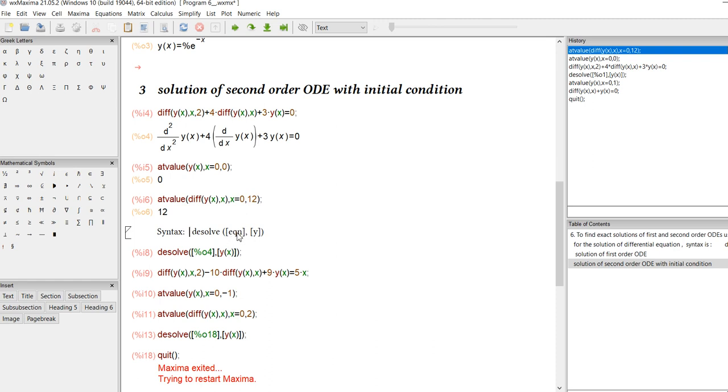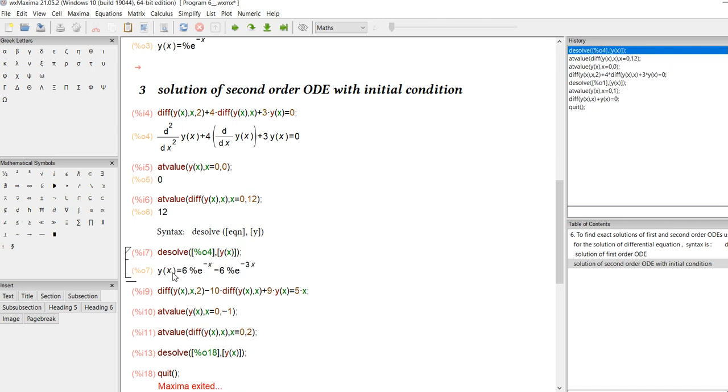You will write the label of your equations. I entered my second order differential equation at output 4. So you will write desolve, simple bracket, percent o4, any output 4, comma, and in square bracket you will write the dependent variable.